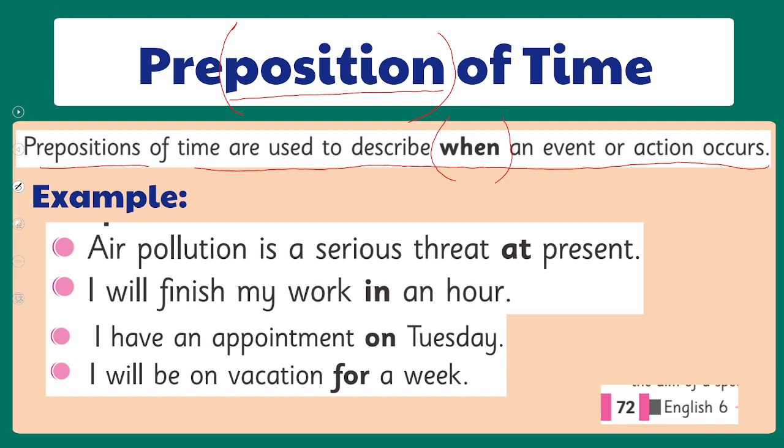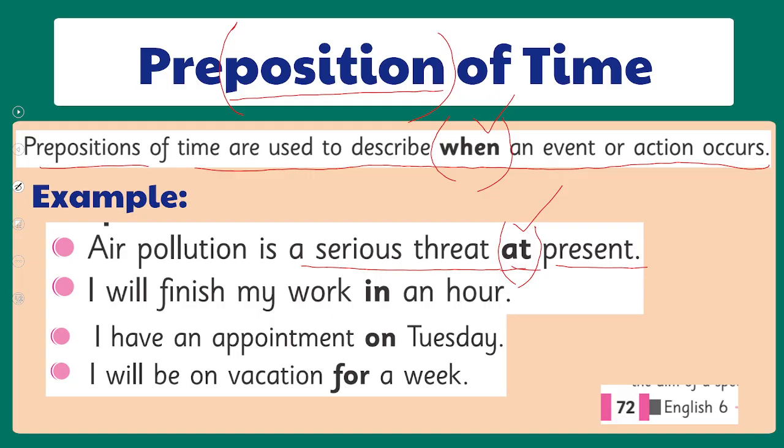For example, air pollution is a serious threat at present. So this is a threat in present times, not in the past or the future. It is the issue of today. So the at is indicating the time. That's why we can say that it is a preposition of time.